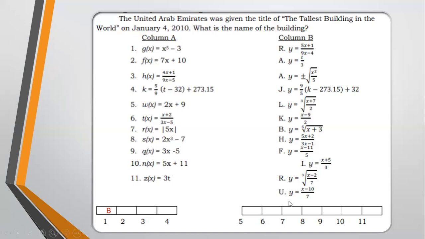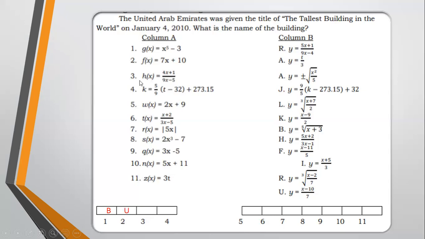And that will be either r or u. But of course, the r has a cube root, so it's not in our option. So obviously, it will be letter u. Okay, and then as I have explained with example number 1, for all the constants, you need to get the inverse sign of that. So since this is +10, then you'll have -10. Even without solving.